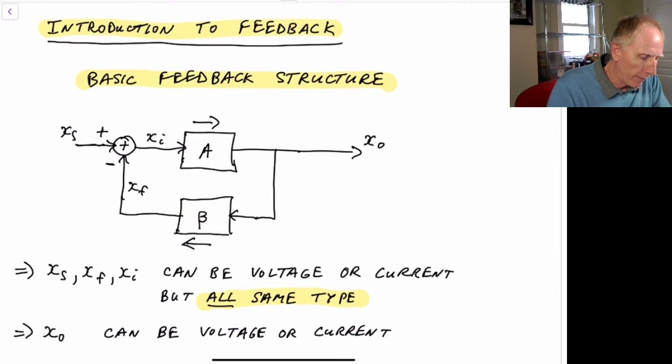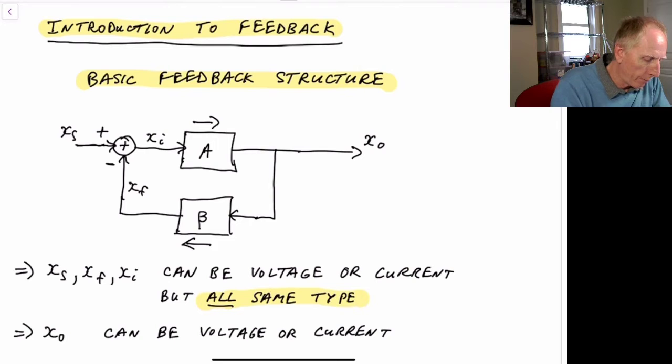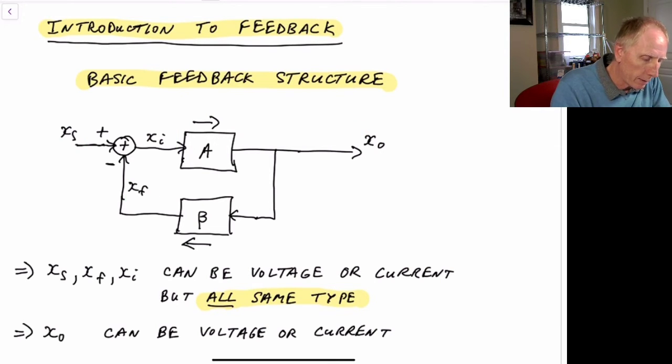So we have a basic feedback structure shown here. We see that we have an input X sub S, an output X naught, a feedback signal X sub F, and an error signal X sub I. We also have in this circuit a single summing node where we have a plus sign for the signal and the feedback being a negative sign.